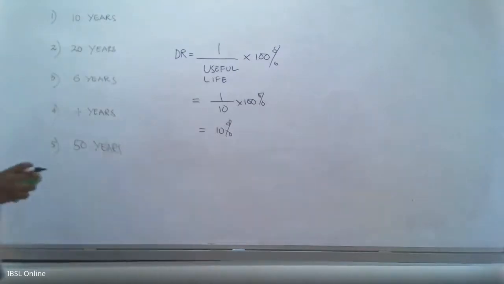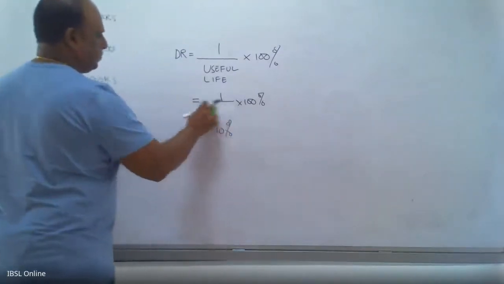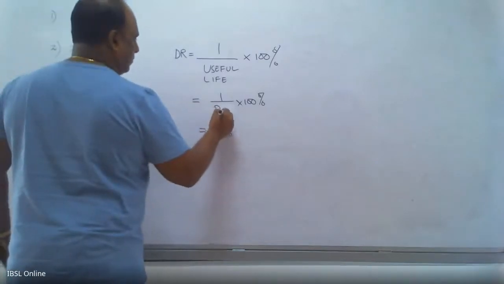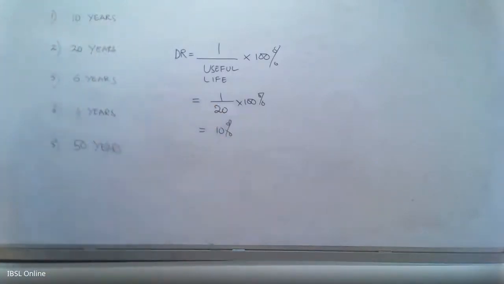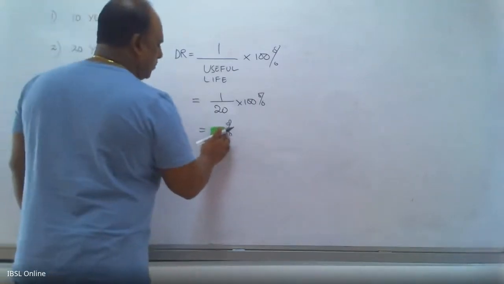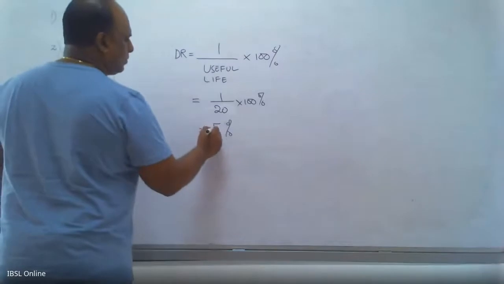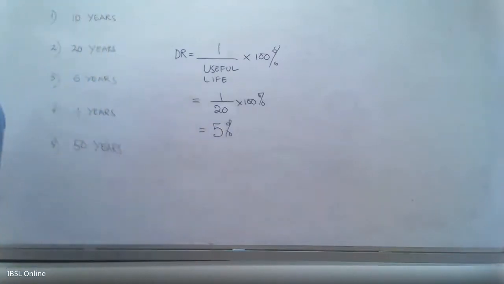Okay. Second one. When it is 20 years, what will happen? This becomes 5%. Okay.